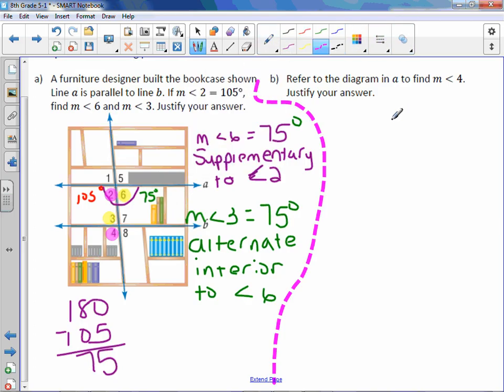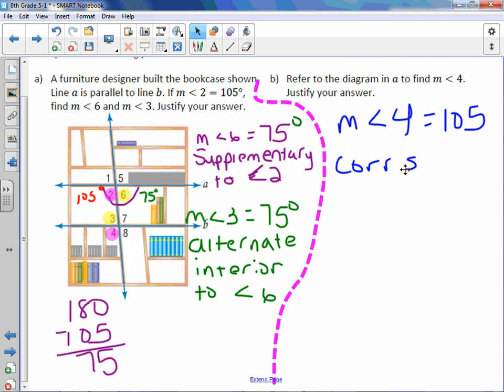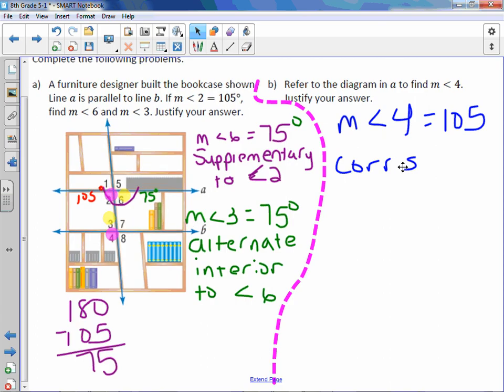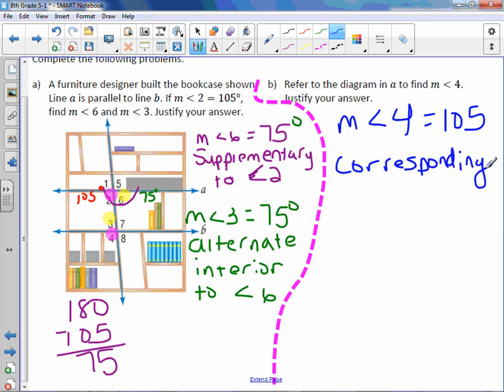So I'm going to say that the measure of angle 4 is 105, the same as angle 2, because it is corresponding to angle 2.